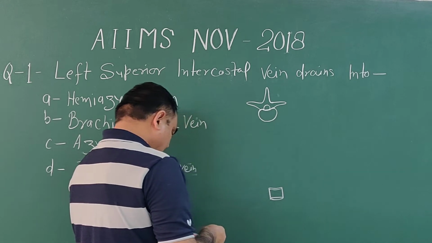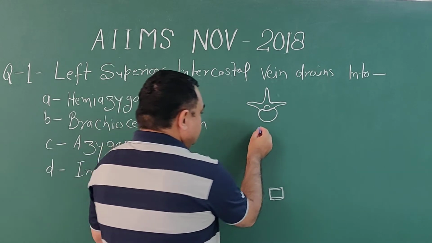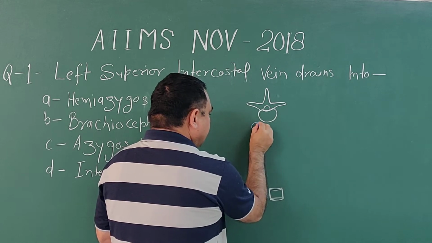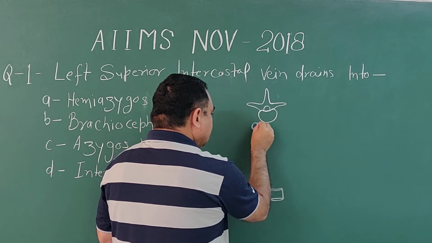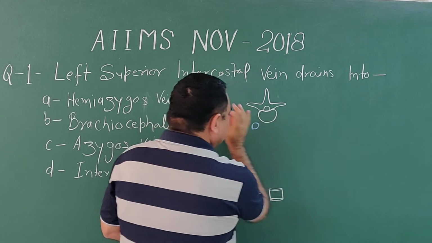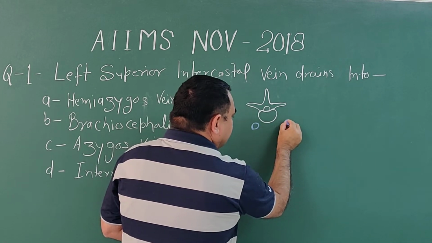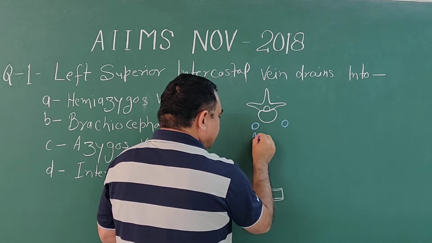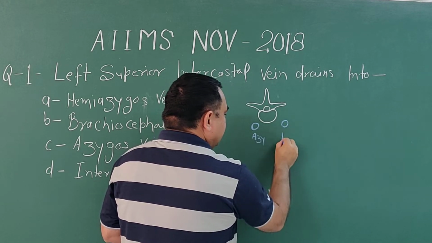Here is the position of the azygous vein. So this is the site of the azygous vein. This is the right side, and on the left side there is the hemiazygous vein. So this vein is the azygous vein. This is the hemiazygous vein.